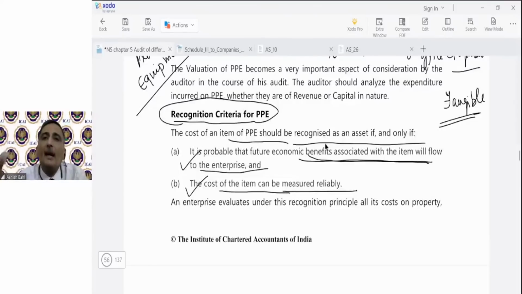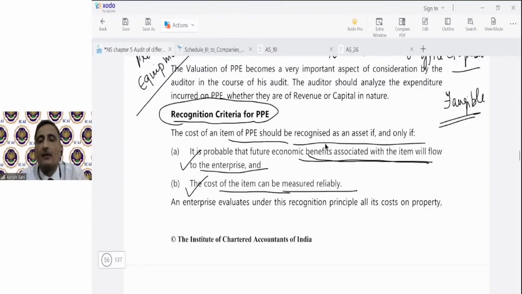Okay, and the cost of the item can be measured precisely. It is possible to put a value on that cost.